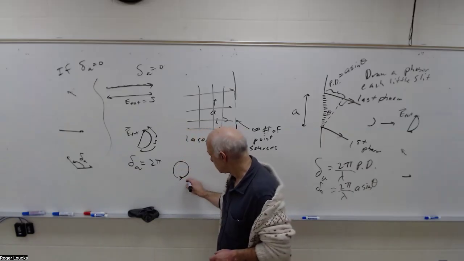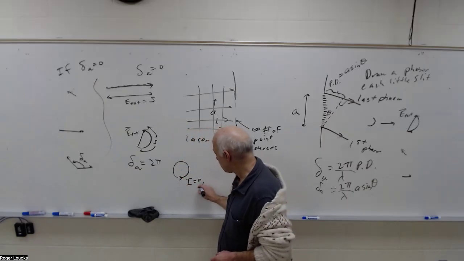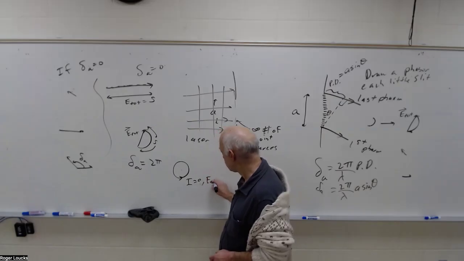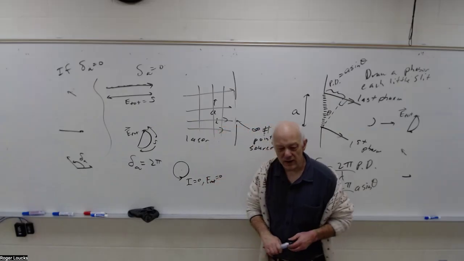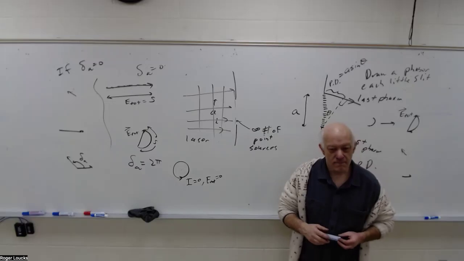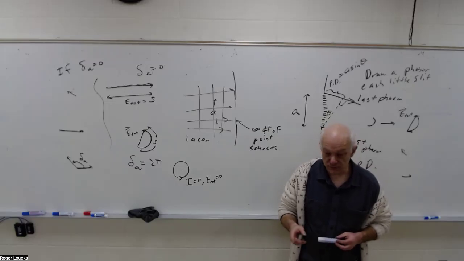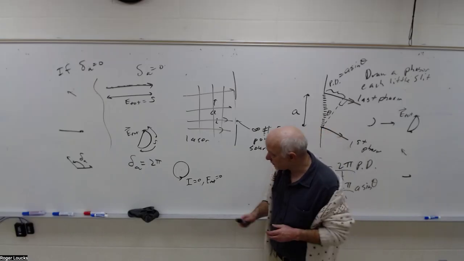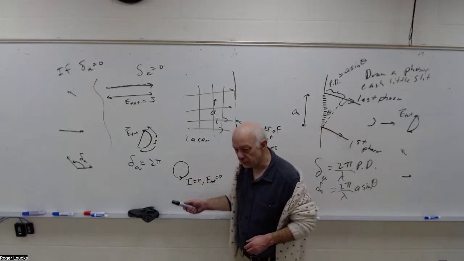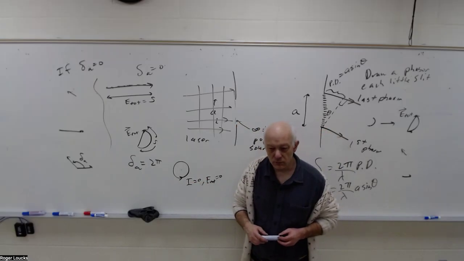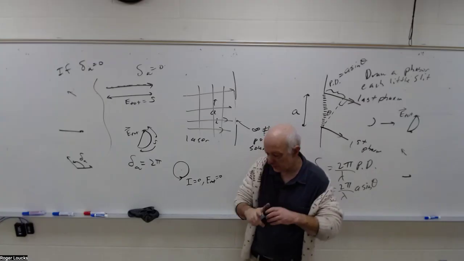This would be an intensity of 0 because basically your E total is 0. What else could I have for a 0? I could have 4 pi. Now this length here stays the same. So if I had 4 pi, what would this do? Kind of shrinking on itself a little bit.